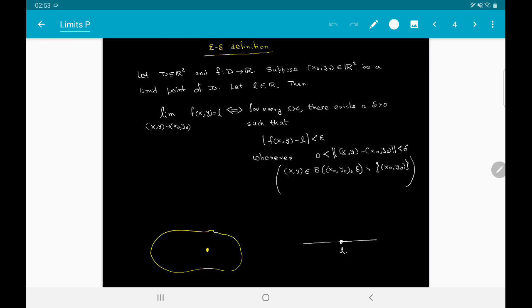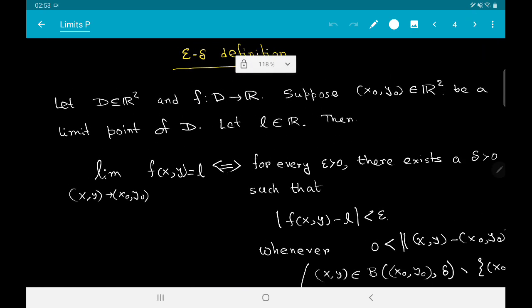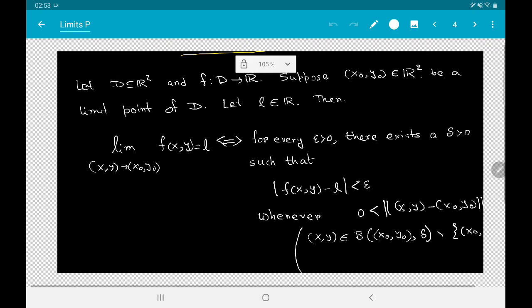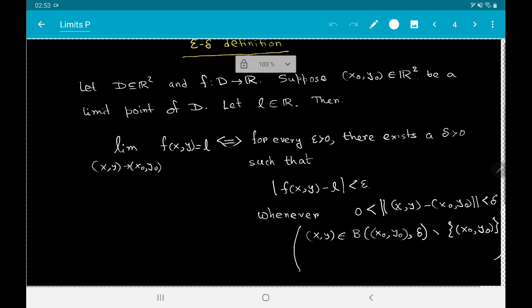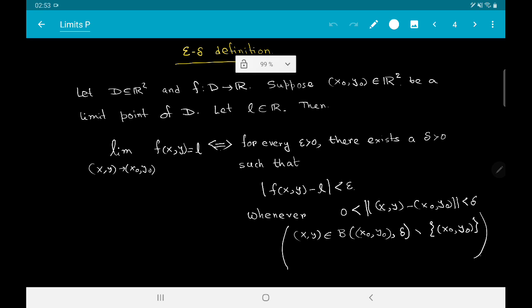So let us go forward to the epsilon delta definition, which we like so much in calculus. Suppose that D is a subset of R2 and f is a function from D to R, and in order to define the limit, I would always need (x0,y0) to be a limit point of D. And suppose that L is a real number.